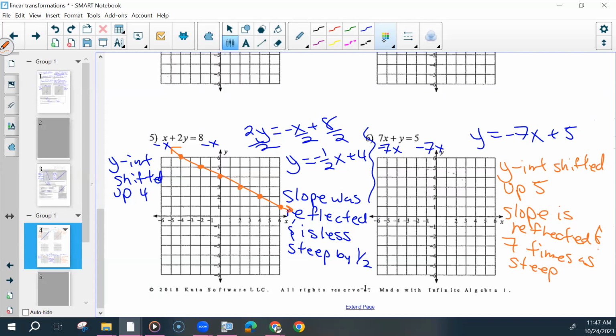So that graph will look something like this. So we'll start at positive 5. We would go down 7 and to the right.